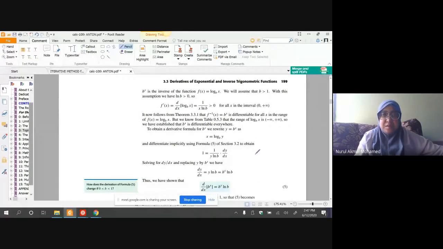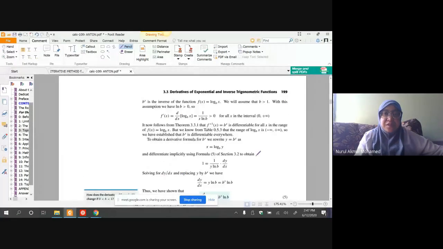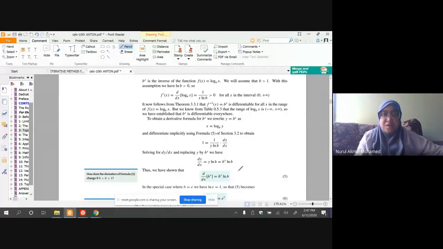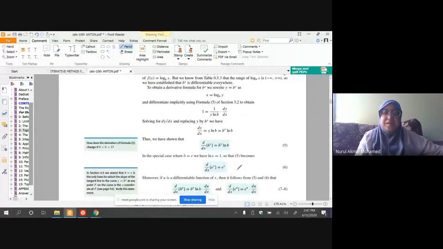So that's it. Now we go to derivative of exponential functions. The formula for the exponential function b to the power of x: the derivative of b to the power of x is given by b to the power of x multiplied with ln b.